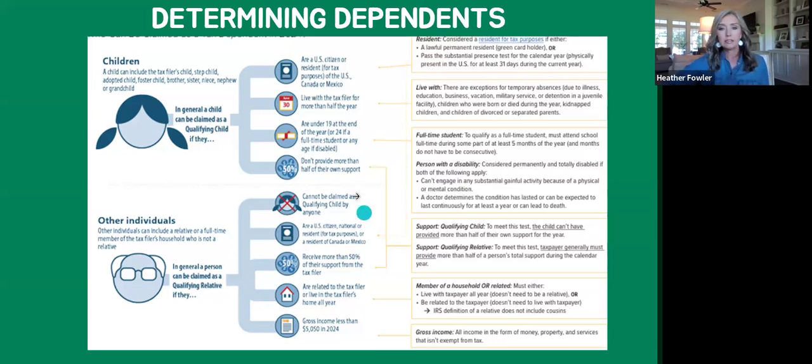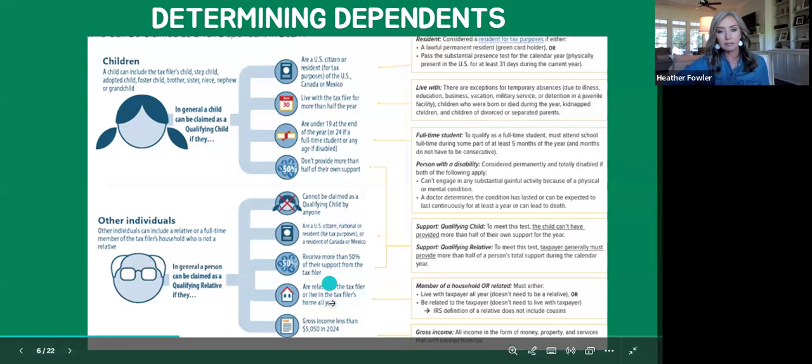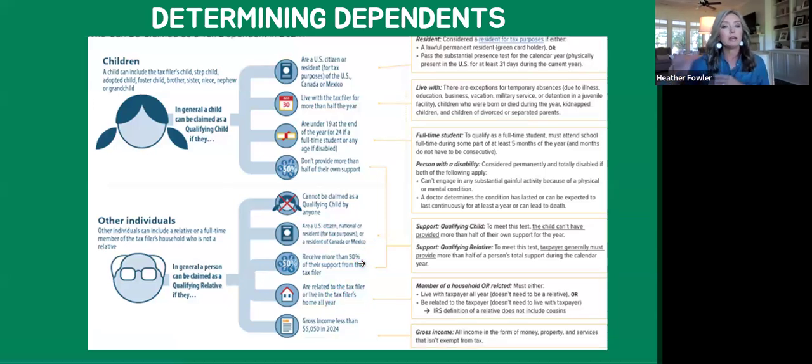So this is just a little check sheet that you could go through that will help you determine if a person can be a dependent or not. So if you run into that situation and someone's not sure if they can claim someone as a dependent, just go to this document. You can bookmark this and go through this list of questions to see if someone qualifies as a dependent.